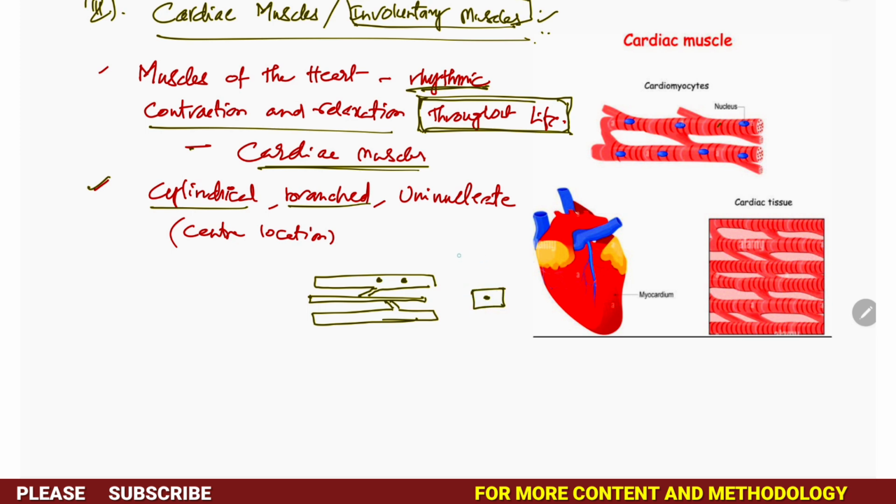Unlike striated muscles, which are multinucleated, meaning one or more nuclei at the edges of the cells, as you can see here. So in the cardiac muscle there is only one nucleus, which is centrally located in the cell. All right, so we can find it in the heart.